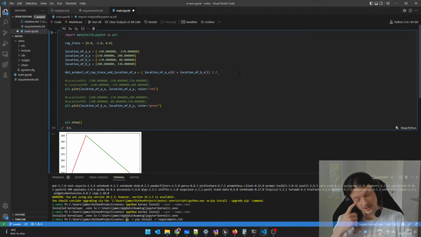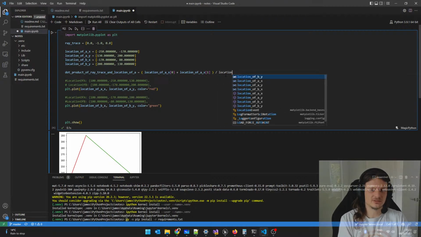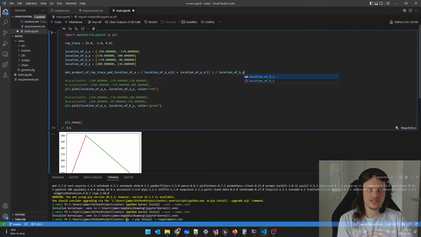And then divide that by the magnitude, which is the x times the x in the other one? I don't know. So it's going to be a location of b x times. Oh, sugar, you know what? Yeah, okay, so this makes sense.